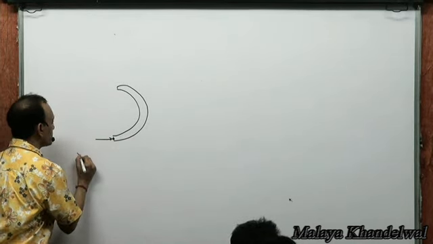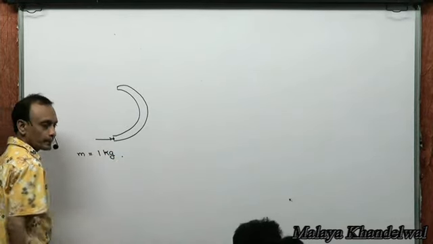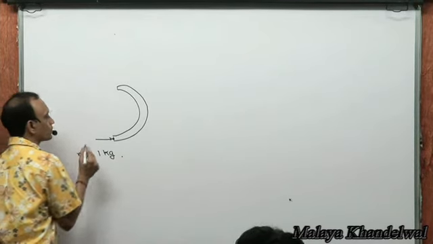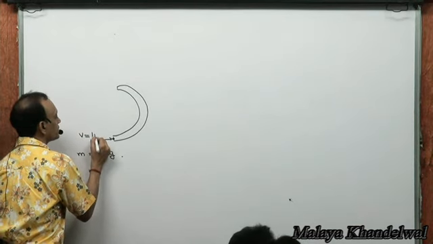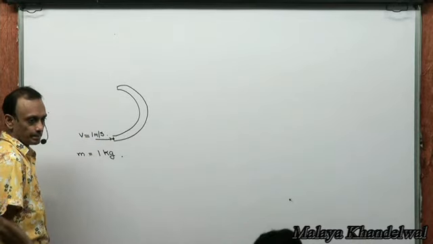of mass m equal to 1 kg that enters this tube with a speed of 1 meter per second, like this, right?